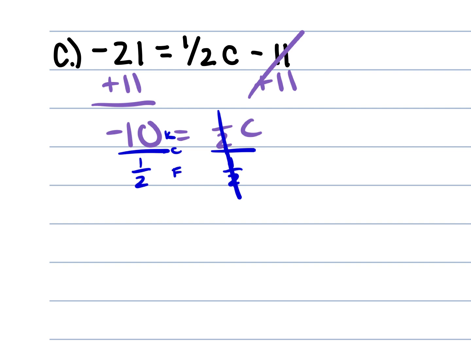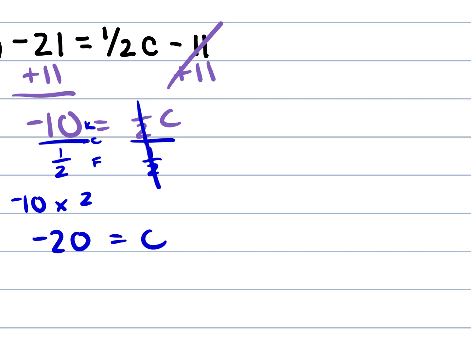So we keep the top, change to multiplication, and flip the bottom. So instead of 1/2, it now becomes 2/1, which is just 2. Because if we have a number over 1, it's just that whole number. So this would be negative 20 is equal to C.